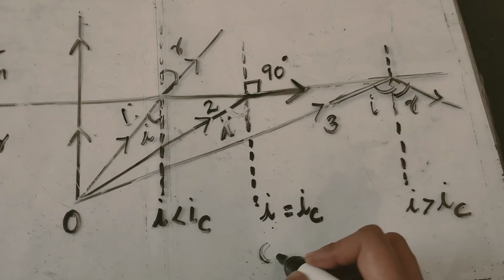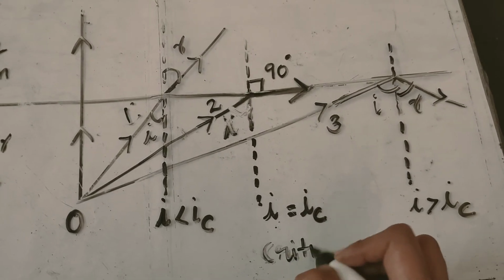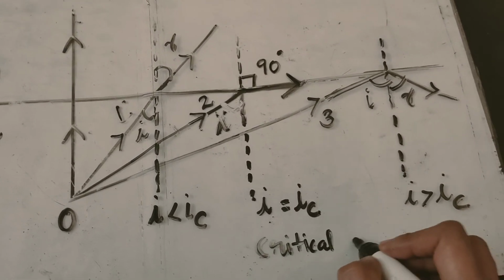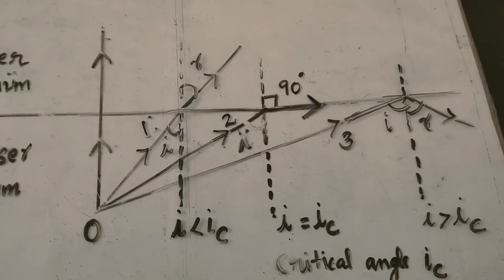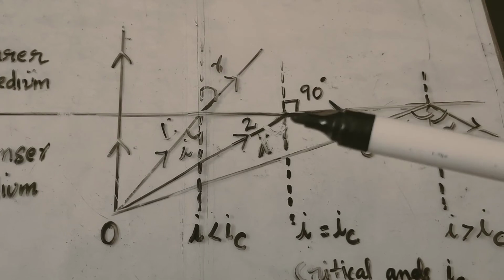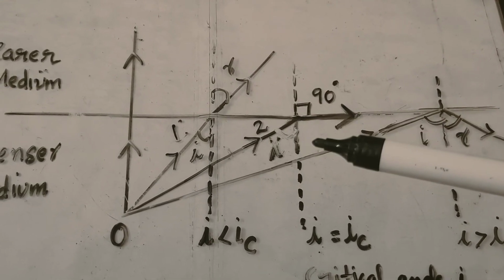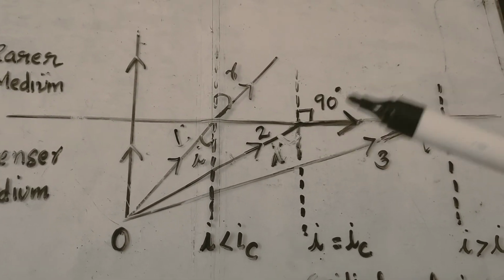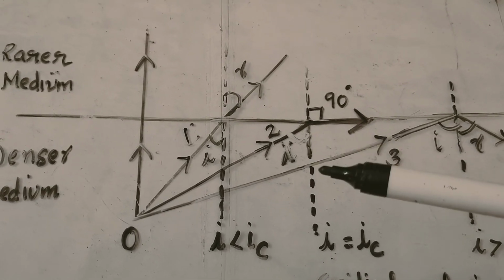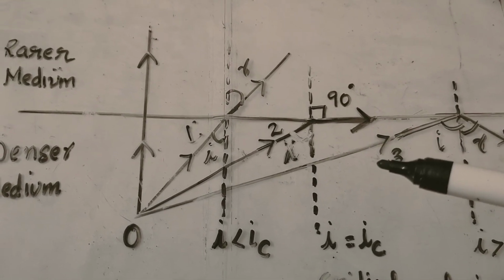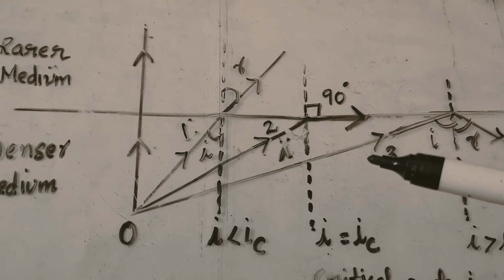Critical angle is denoted by ic. What is the critical angle? It is the angle of incidence in the denser medium for which the angle of refraction in the rarer medium is 90 degrees.